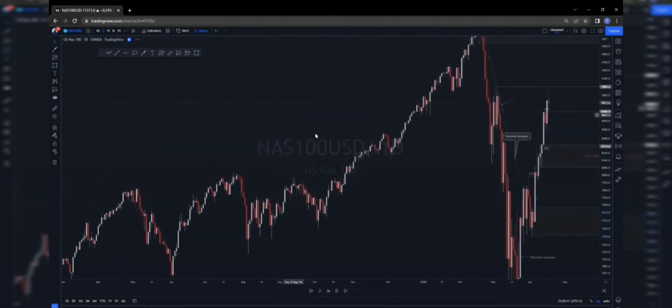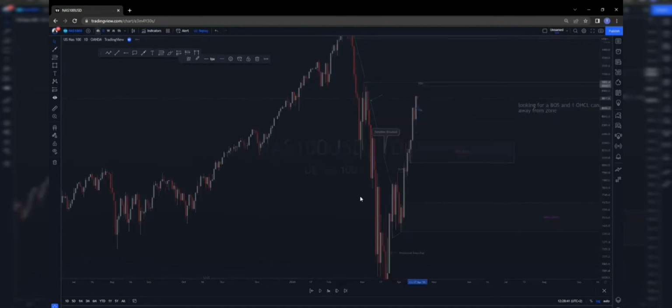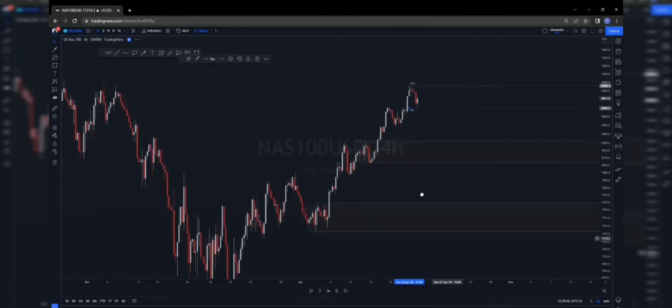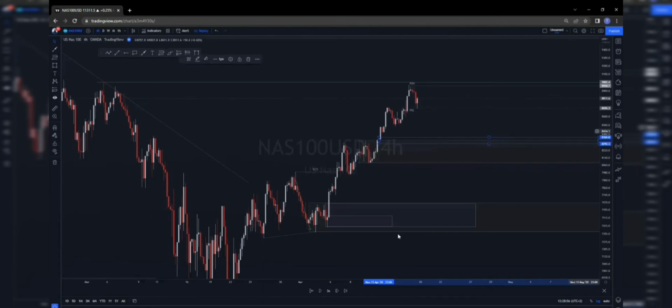The market took liquidity from this, and then we had a fair value gap over here, right? Approach area, we have this right here. Approach area, go to the 4-hour, and then identify a zone you can trade from, right? Which is the zone over here, right?